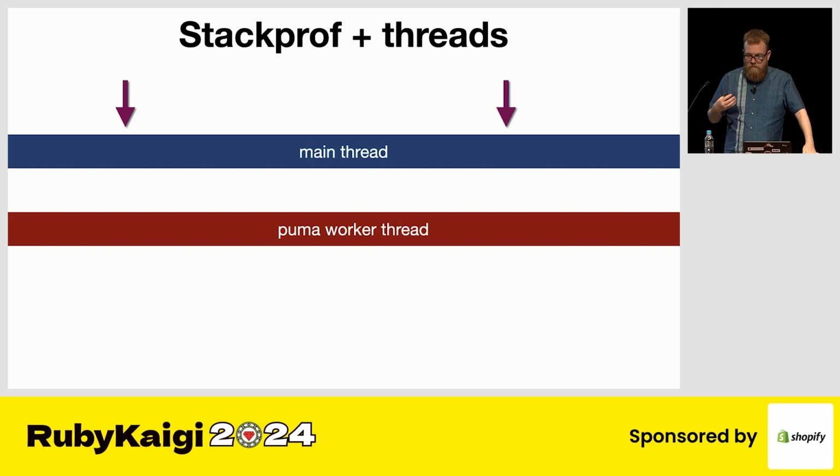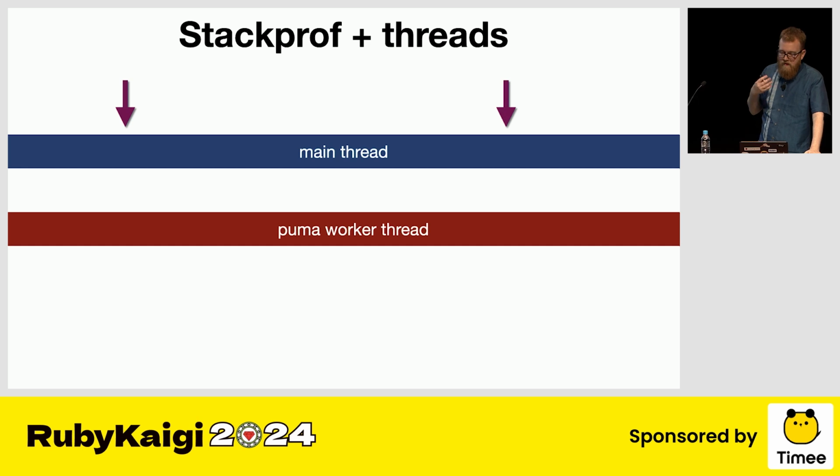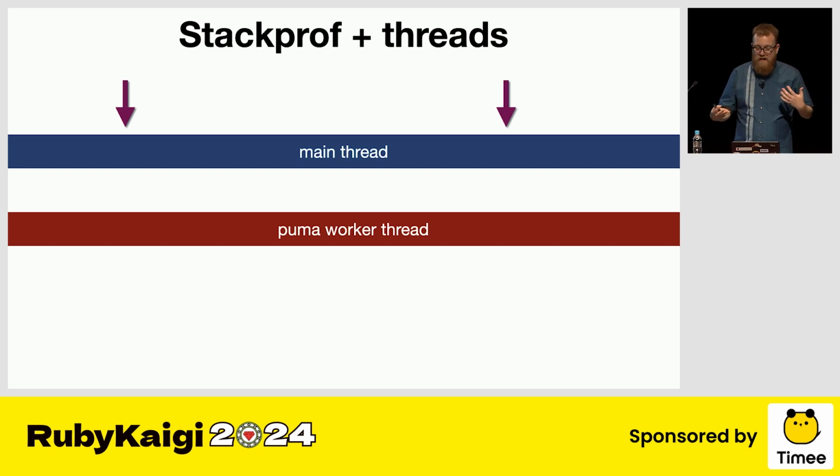Another problem Vernier is able to solve is threads. For a long time, StackProf and other profilers weren't really thread aware at all. They just profiled the main thread. That might have worked when most web servers were single-threaded, but I think most people are running a threaded web server nowadays.